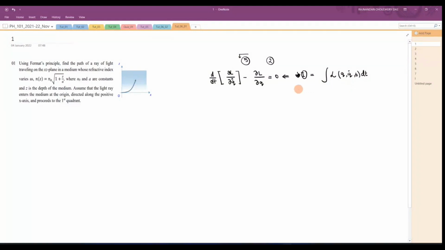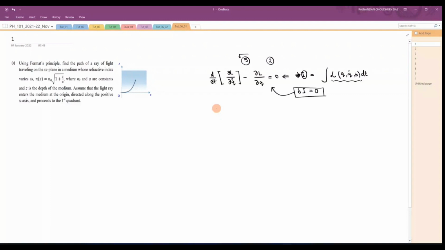When you want to extremize this action, that means δI equal to 0, and when you solve δI equal to 0, you come up with the Euler-Lagrange equation. This is actually called a functional. The Lagrangian is a functional of q, q̇ and t.